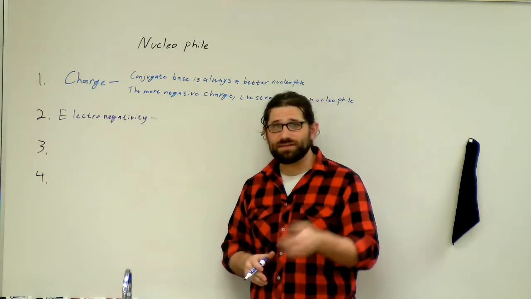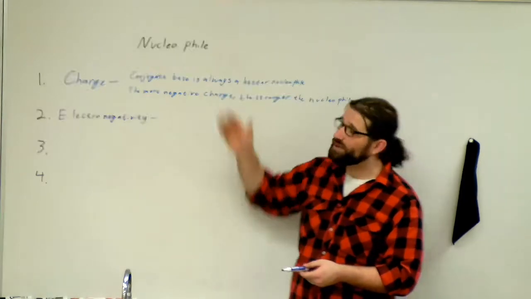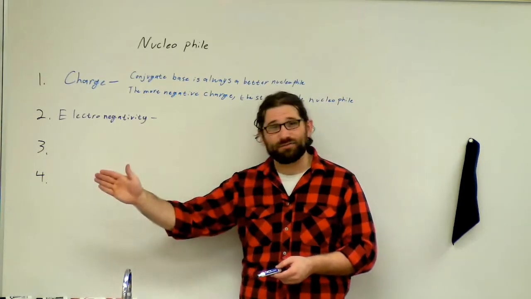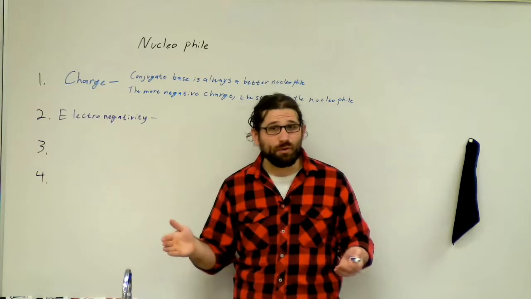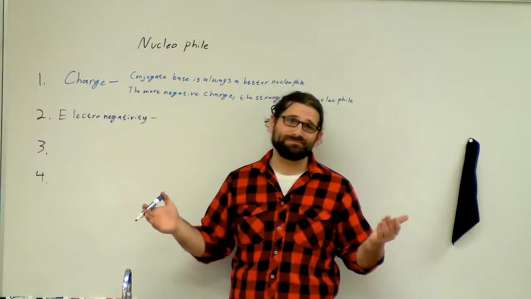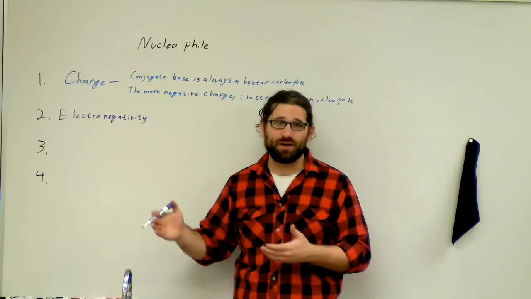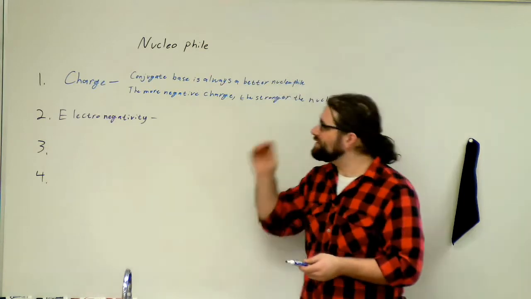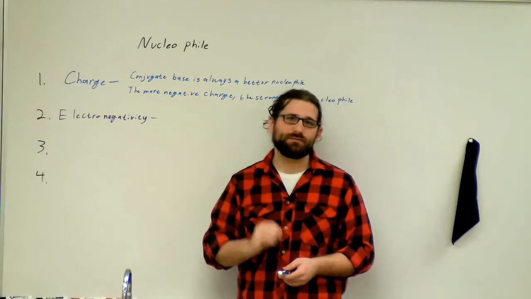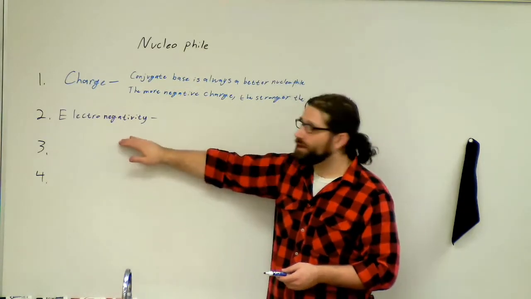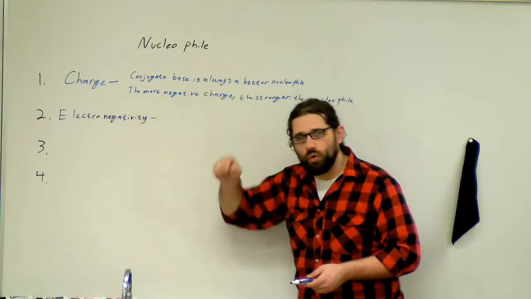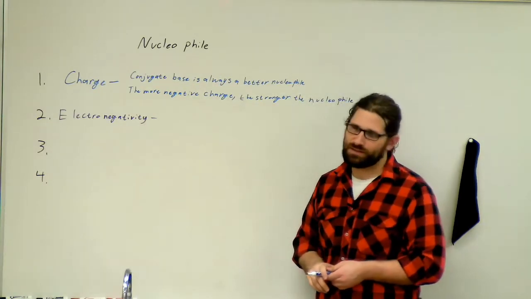But that same trend of electronegativity is going to persist. The reason is that since it's trying to attack that nucleus, it's trying to go after that positive charge, if it's stable with a negative charge, then it's not going to go after it. So we need something that is not happy with a negative charge. So the higher the electronegativity, the lower the nucleophilicity.